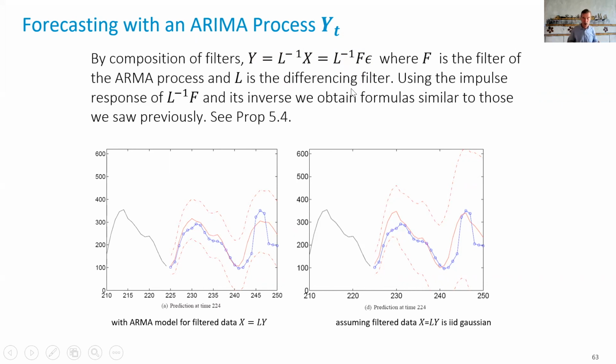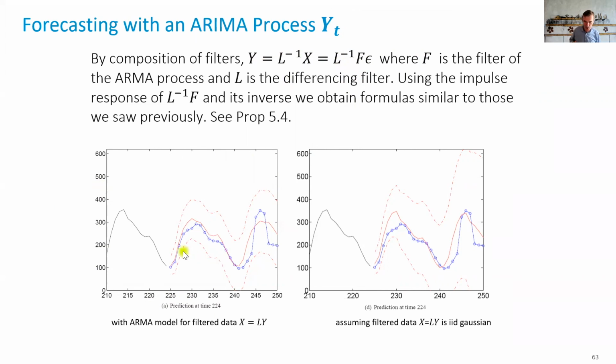Now they are reasonably IID, so the prediction method I used before seems reasonable, and the methods are the same. An impulse response of L1 minus L minus 1F will give me point predictions, and the impulse response of the inverse filter will give me the prediction intervals. And this is what I obtain with this method.